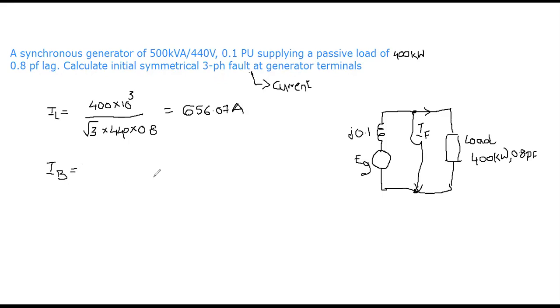Now according to the base value, what is the base MVA he has given? So base is 500 kVA base divided by root 3 multiplied by 440 volts.